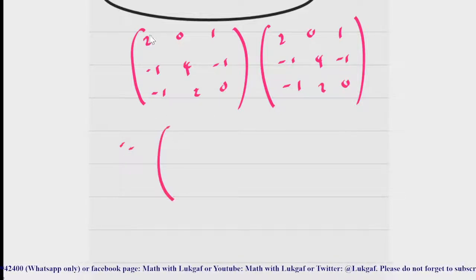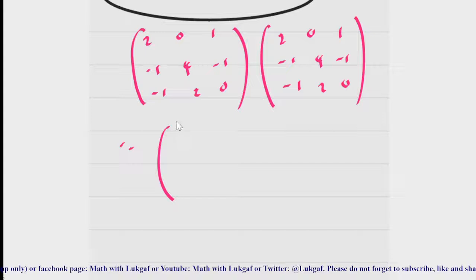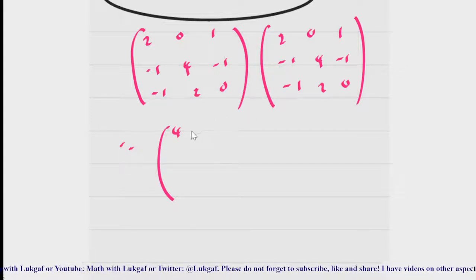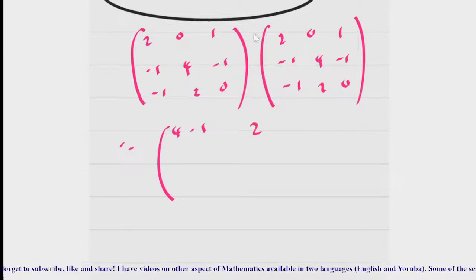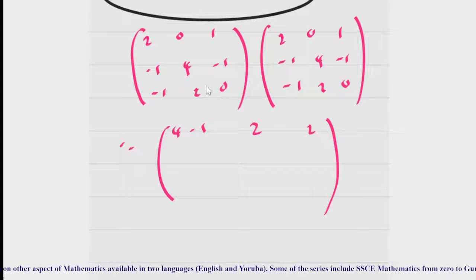Okay, let us multiply. This is going to give me 4, 0, minus 1. You understand now? So again, this is going to give me 0, 0, that is 2. I hope you understand what I'm doing, row with columns. So 2 times 1, 2, 0, 0, right?